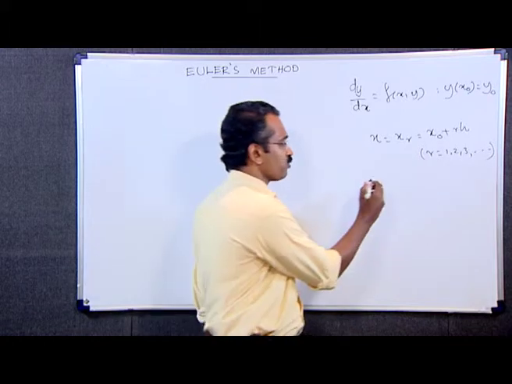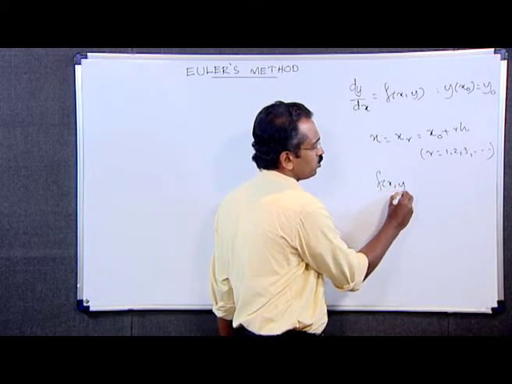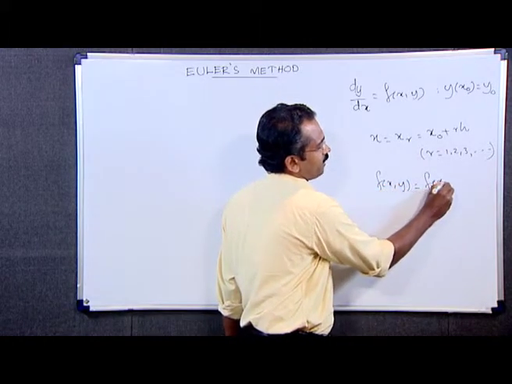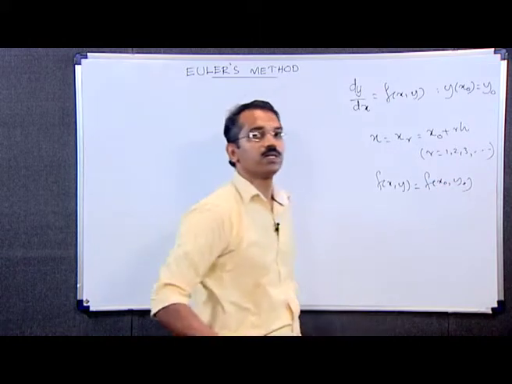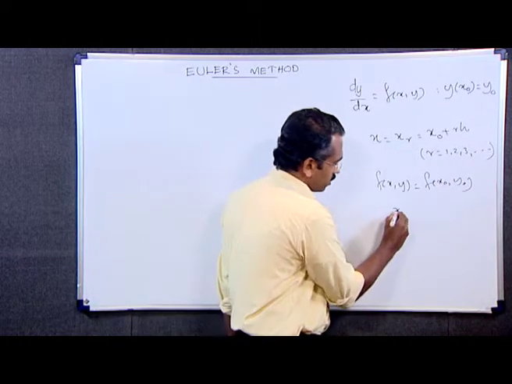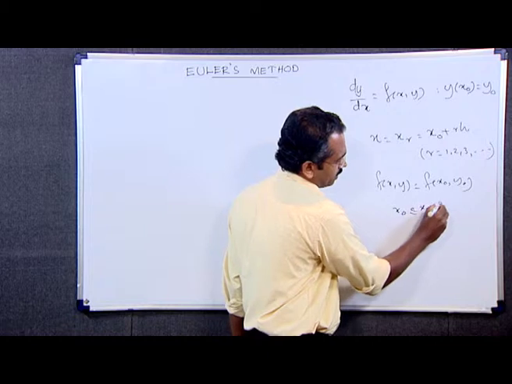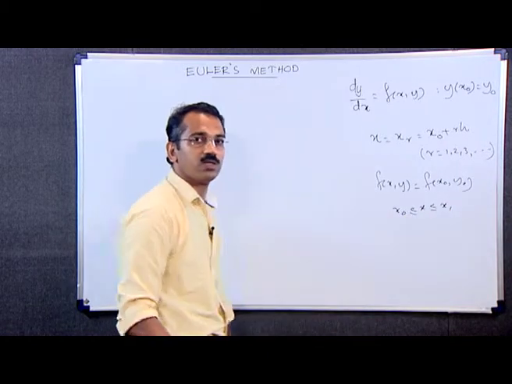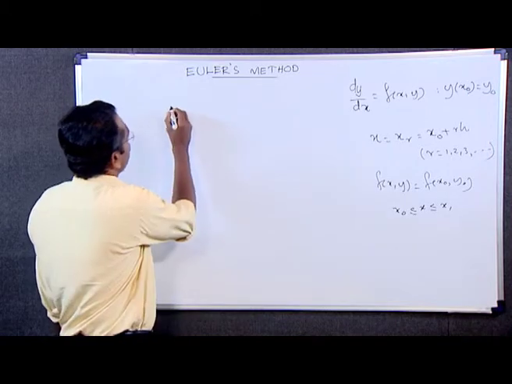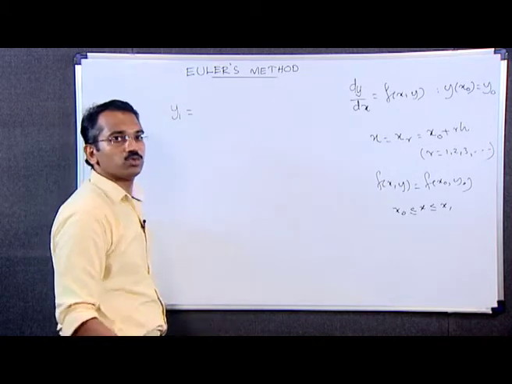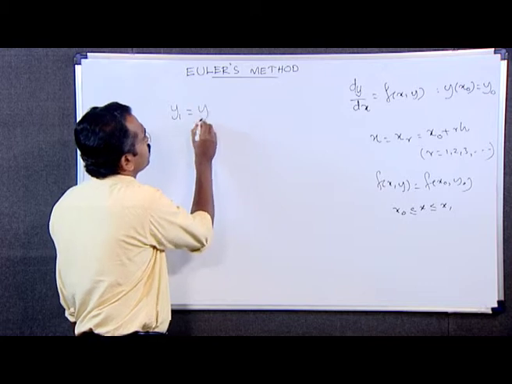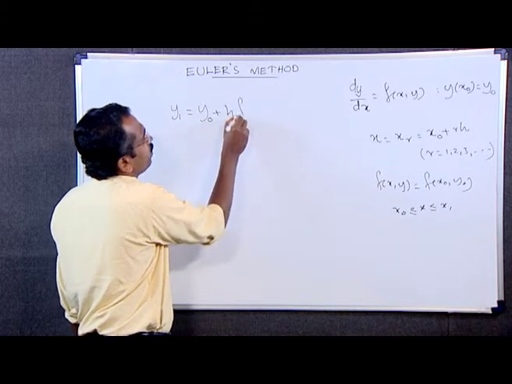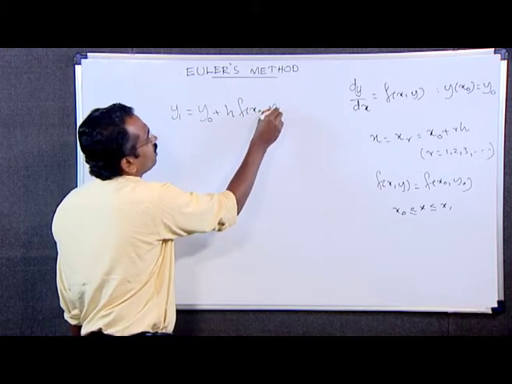Assuming f of x, y is equal to f of x naught comma y naught in the interval x naught less than or equal to x less than or equal to x1, this gives the Euler's formula as y1 is equal to y naught plus h into f of x naught comma y naught.